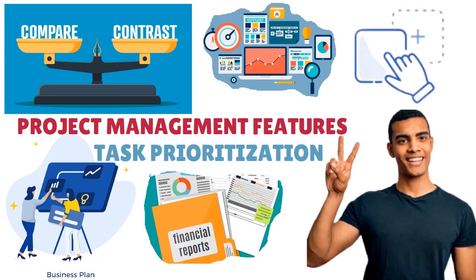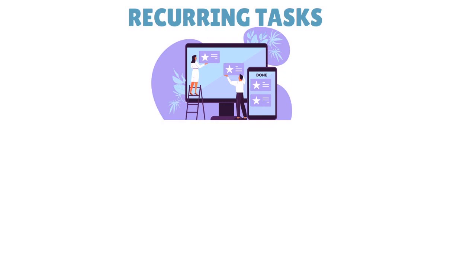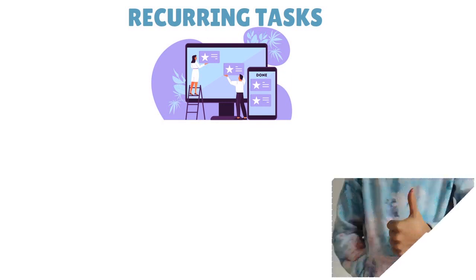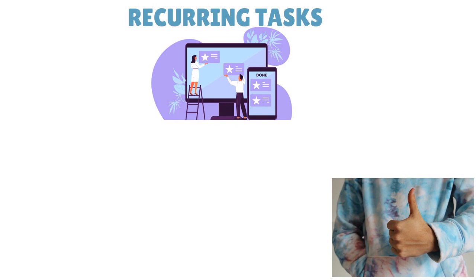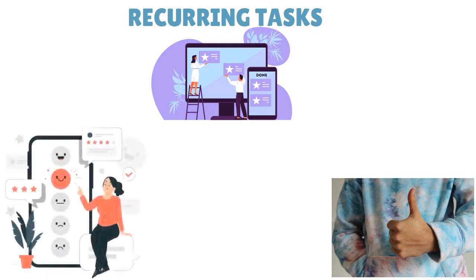So that's for Smartsheet. What about Airtable? Airtable only has task prioritization, individual assignments, and recurring tasks. So in our view, when it comes to project management features, Smartsheet is way better. It has more in-depth and broader features, especially when it comes to the feedback and the review process that relates to all business plans.